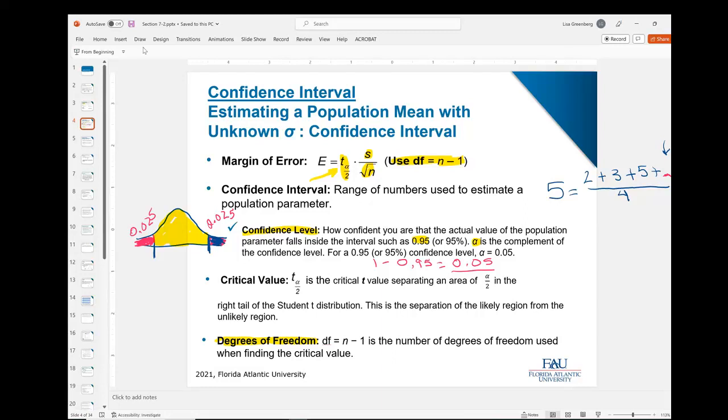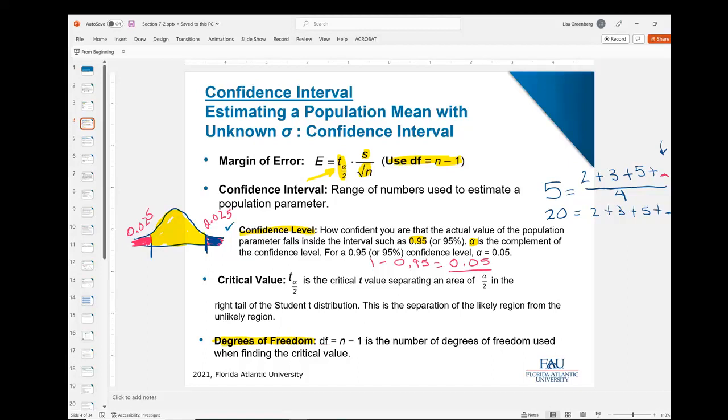I can multiply both sides by 4 and get 20 equals 2 plus 3 plus 5 plus blank. And 2 plus 3 plus 5 is 10. So we have 20 is equal to 10 plus some number. And now we know that number is equal to 10.